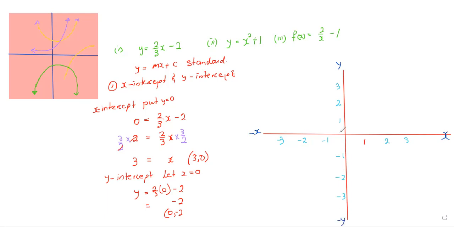According to this, x is 3, y is 0. The coordinate is here. x is 0, y is minus 2. The graph is there. We can join these two points here.